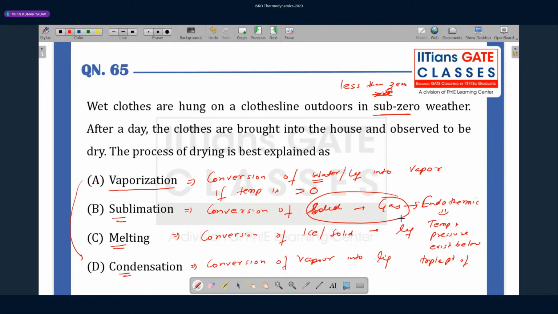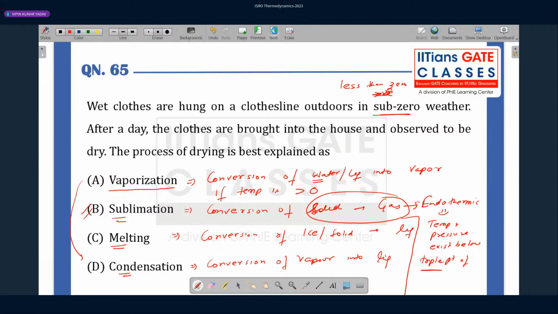So this phenomenon can work in sub-zero temperatures, because of course the triple point is at less than zero temperature. I hope it is clear.